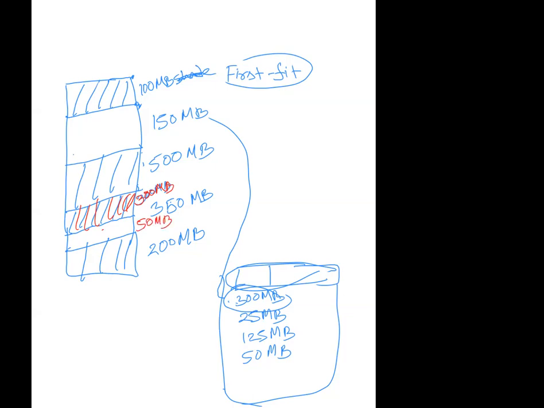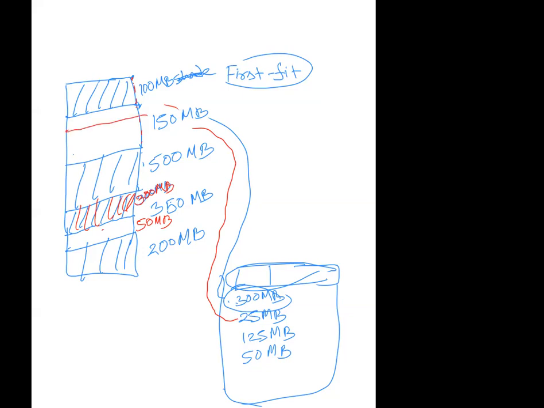So next is the 25 MB process. It comes inside the RAM, and what does your first fit algorithm do? It will again start from the beginning of your memory, keep searching, and then it will find in here 150 MB is free space, so 25 is good enough to fit in here.